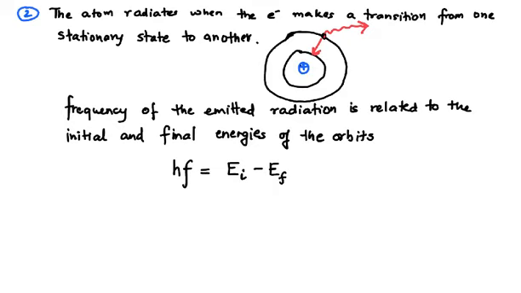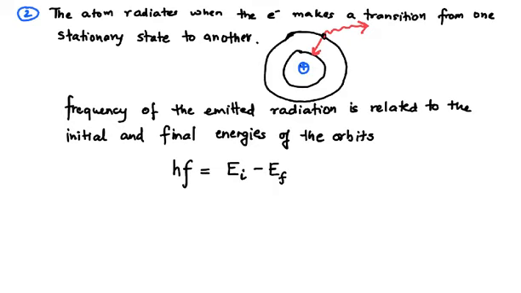The frequency of the emitted radiation can be calculated using this formula, where E_i is the energy of the initial orbit and E_f is the energy of the final orbit. So if the energy of the initial orbit is higher than the energy of the final orbit, it will radiate electromagnetic radiation of frequency f, given by this formula. Here h is Planck's constant.